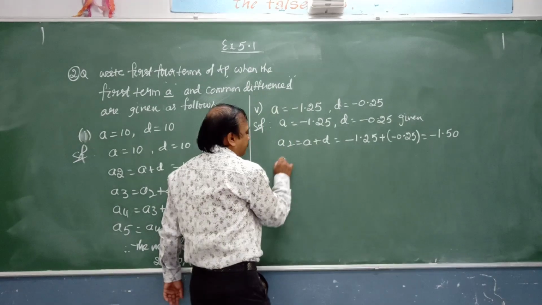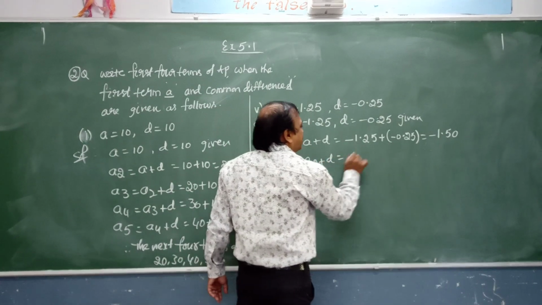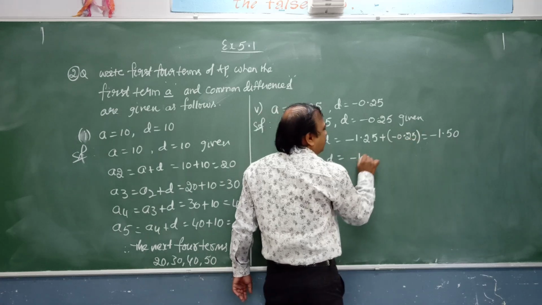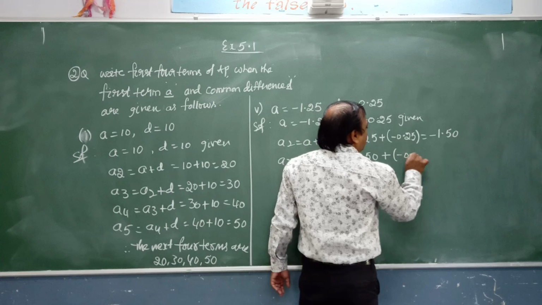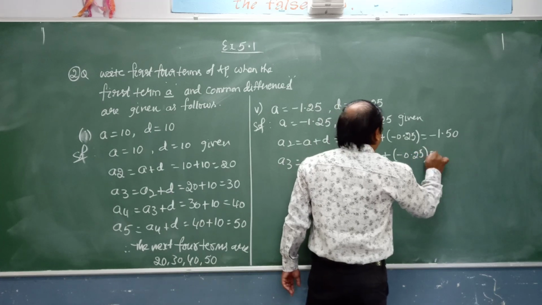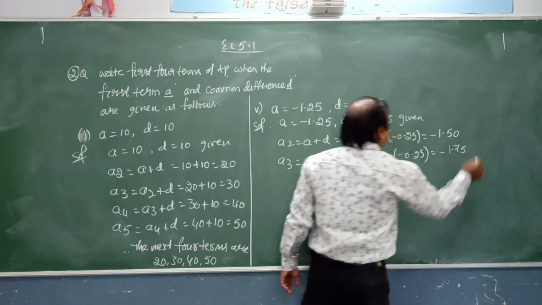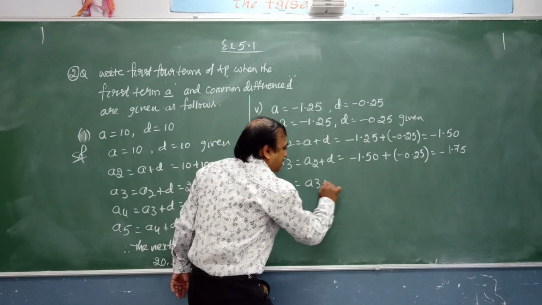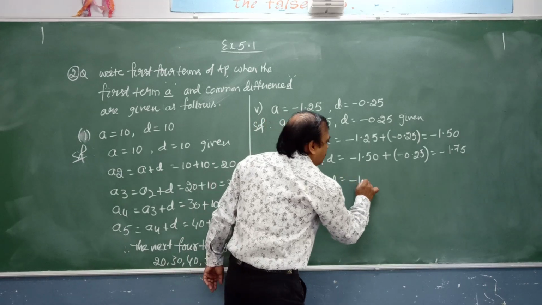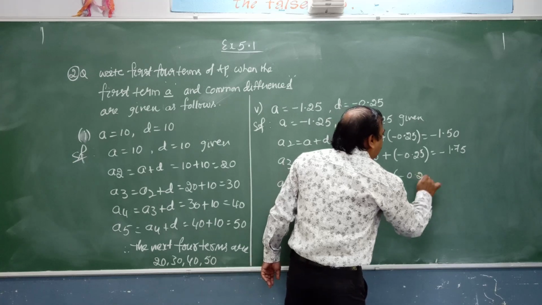Now the third term, A3 is equal to A2 plus D, that is minus 1.50 plus minus 0.25, which will be equal to minus 1.75. Next, A4 is equal to A3 plus D, which is minus 1.75 plus minus 0.25.